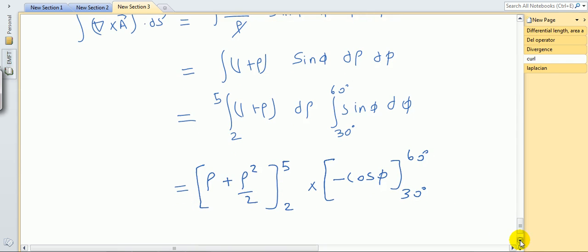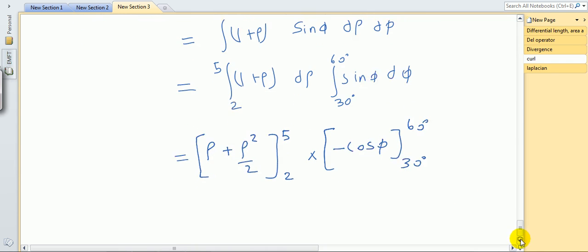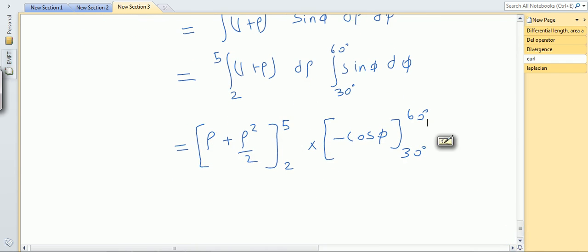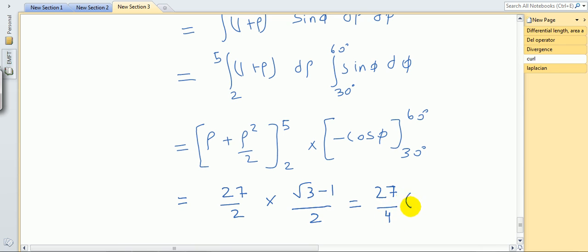So if we solve this and put the limits, it will come as 27 by 2 into root 3 minus 1 by 2. So I can write 27 by 4 root 3 minus 1.